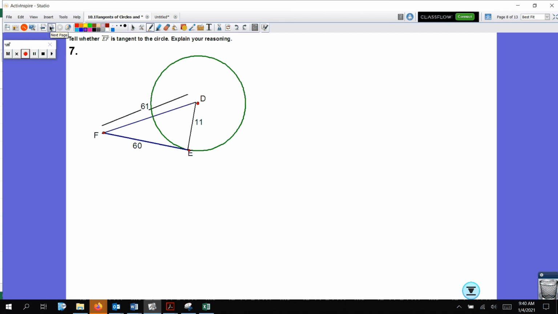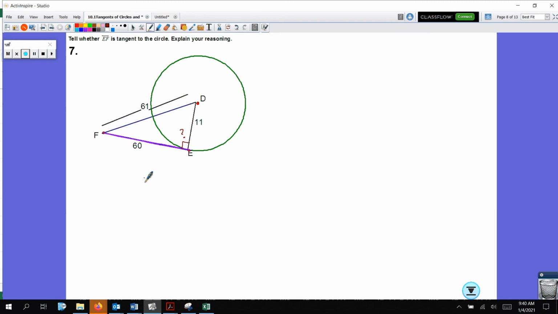All right, now we're going to look at this. So it says, tell whether EF is tangent to the circle. Explain your reasoning. I want to know, is this line tangent to the circle? Because if it is tangent to the circle, then what happens with the radius, it makes a 90-degree angle. So how would I determine if this is true? I'm going to use the Pythagorean theorem, and I'm going to plug in all my numbers.